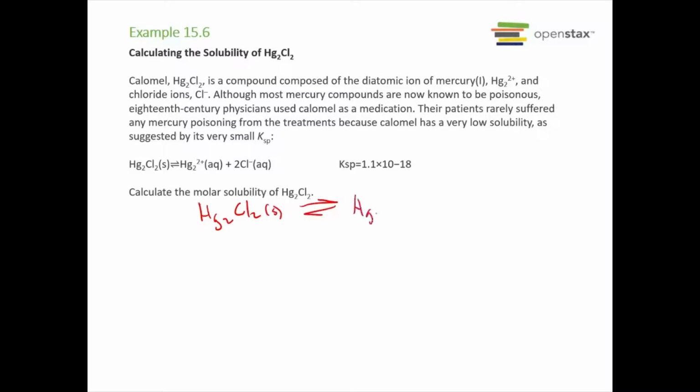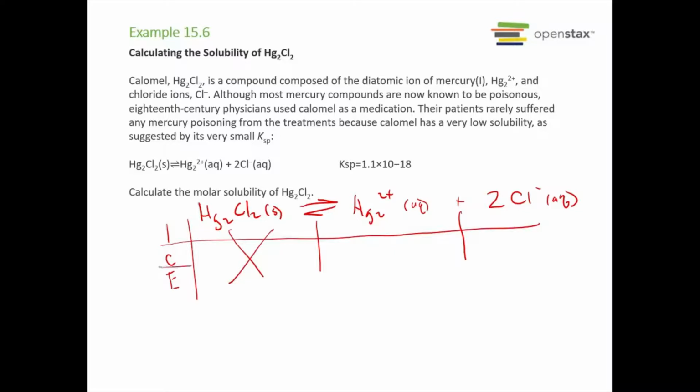Hg2 2+ plus 2Cl-. We know nothing here. All right, so starting with 0 and 0, plus x, and we know Cl- is plus 2x. So we have x and 2x.